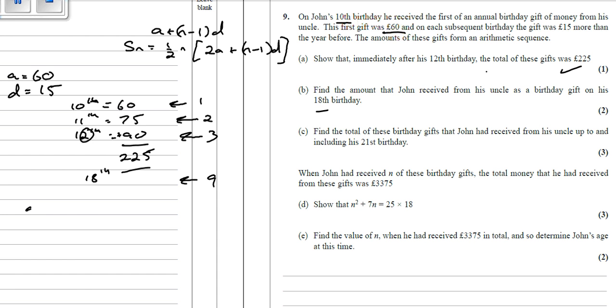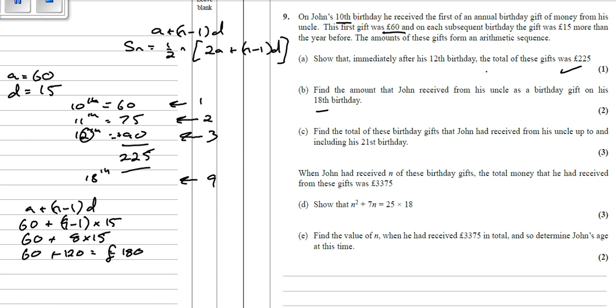So a plus n minus 1 d is 60 plus 9 take away 1, lots of 15, so that's 60 plus 8 times 15. Well, 10 8s are 80, 5 8s are 40, so that's 120. So 60 plus 120 equals £180.